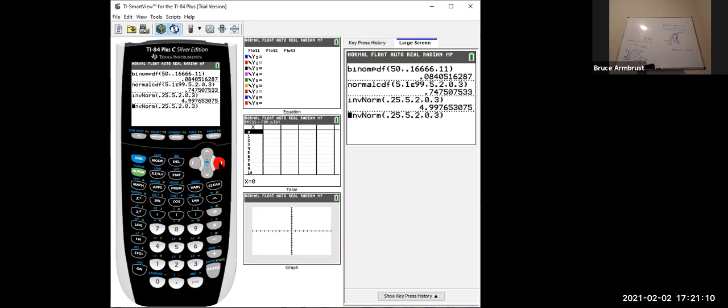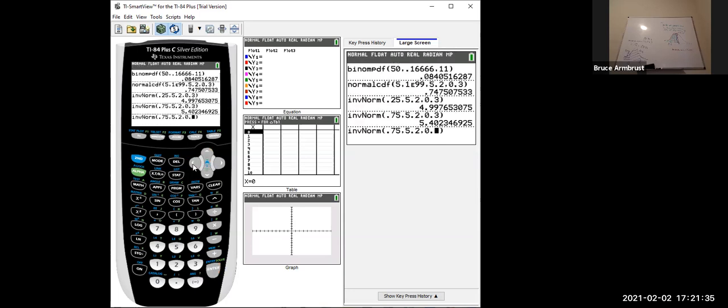Oh, too far. And I'm going to put a 7 there. So now it's going to calculate the third quartile. So 75% are under 5.4 liters. So you can actually expedite this a bit instead of going back through the menus every time.